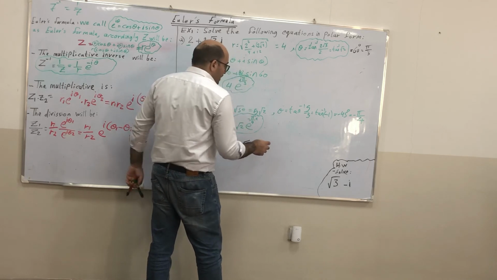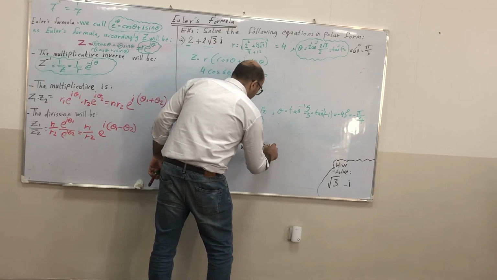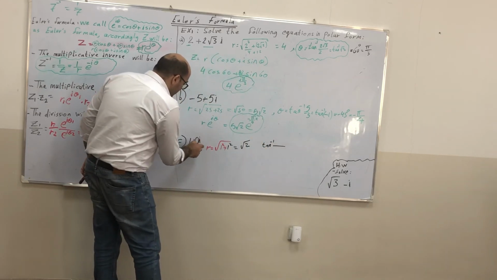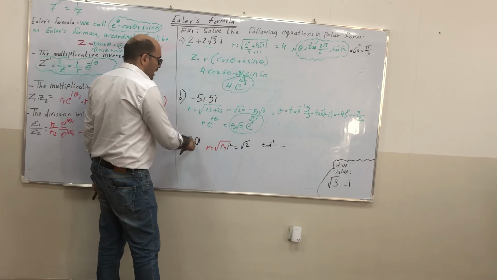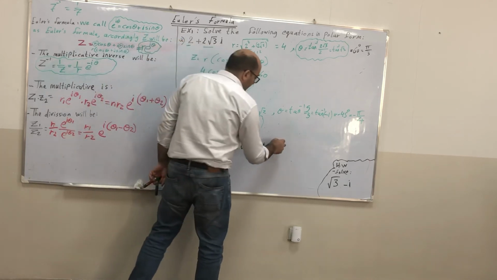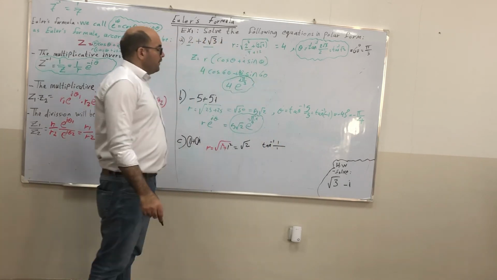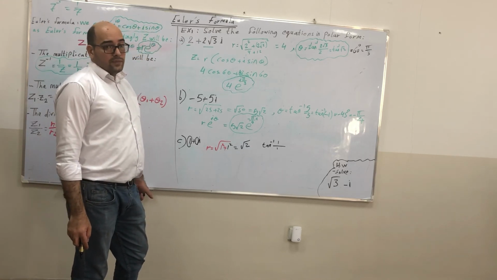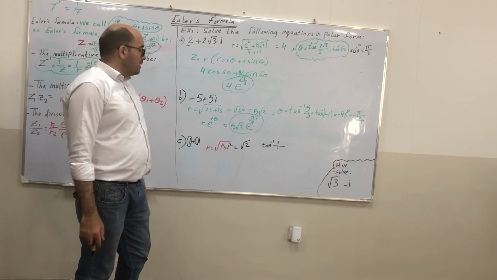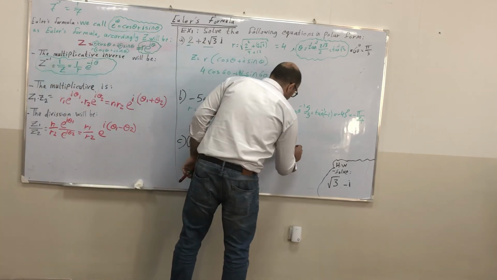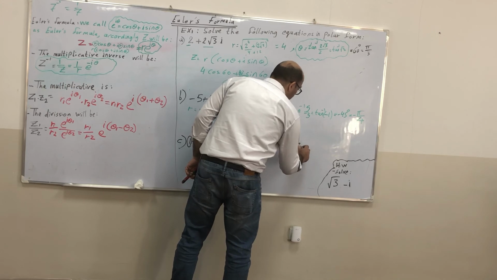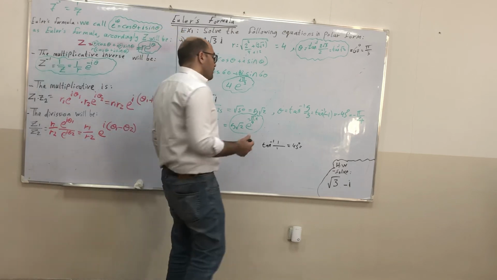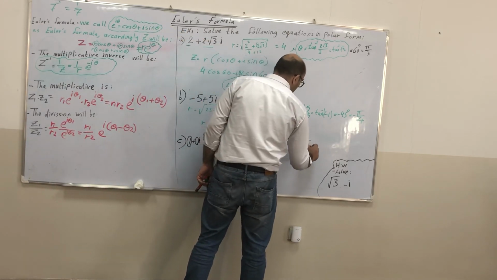You know that the angle is tan inverse of this component divided by this component. So what do I have? 1 divided by 1, so tan inverse of 1. Tan inverse of 1 is 45 degrees. 45 degrees is 180 divided by 4, so it's pi over 4.